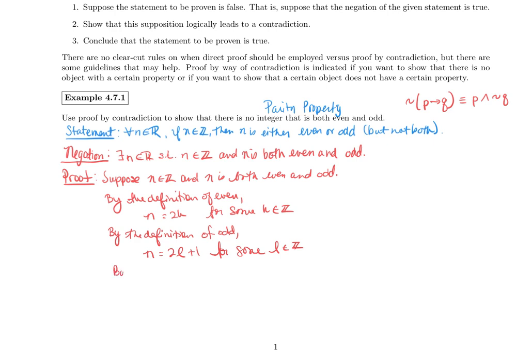We're going to say by substitution, don't we always? So by substitution, we know that n equals 2k and n equals 2l plus 1. So we know then that 2k equals 2l plus 1.